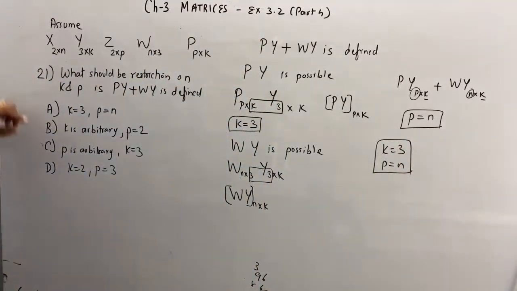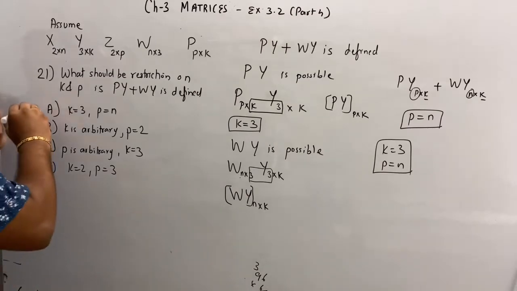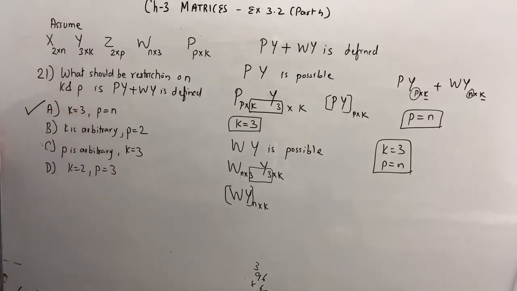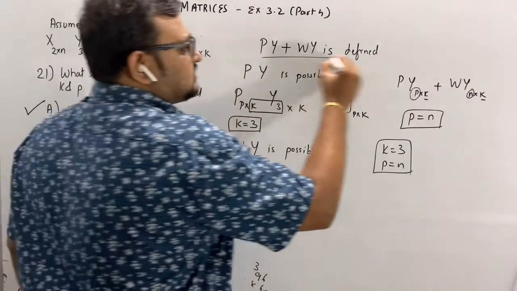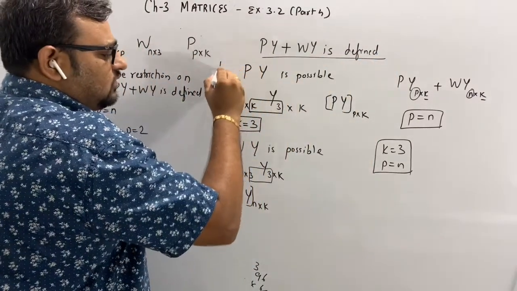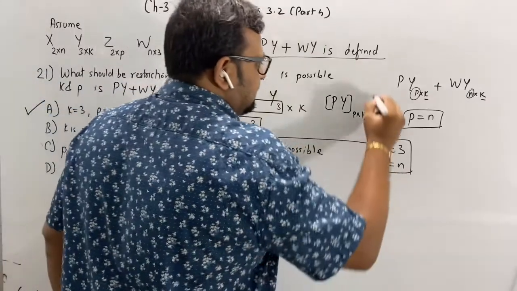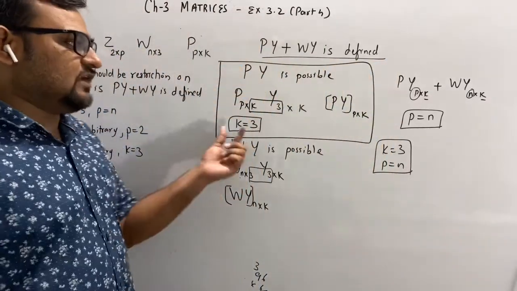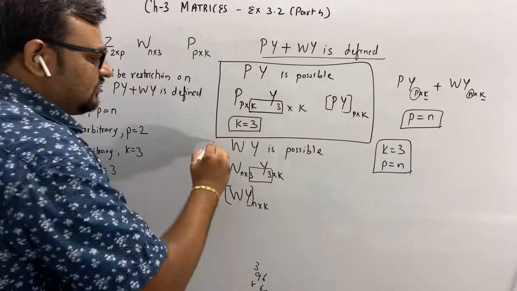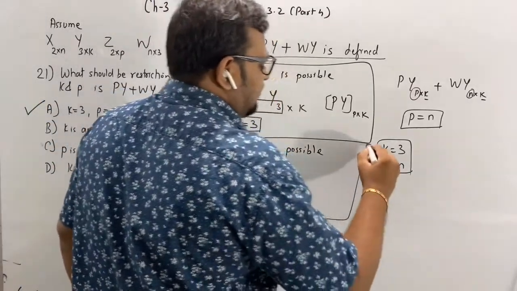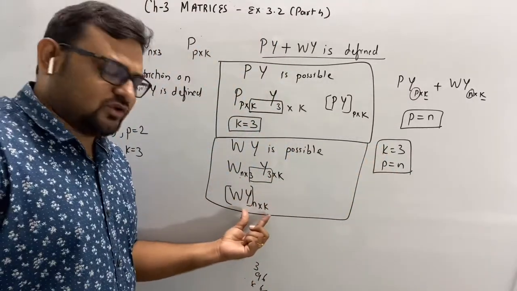Now let's check the options. Option A, K is equal to 3, P is equal to n. So this is our correct option. Okay, so see what we did for this to be defined. First we took PY, from that we found K equal to 3 and the resultant matrix. Then we took WY, we took the resultant matrix.